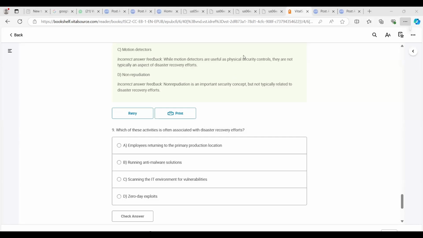Let's see. A. We have someone who picked A already. So what are we picking? A. I don't know why this actually takes long. Why is it kind of complicated?